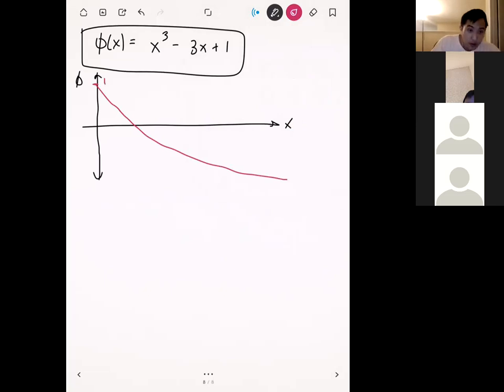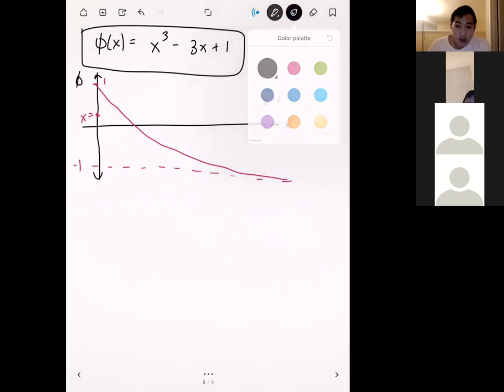So this is 1, and down here is like minus 1. This is x equal to 1, and obviously this is x equal to 0. And so our graph almost looks like a decaying function. Okay. So that's all good.